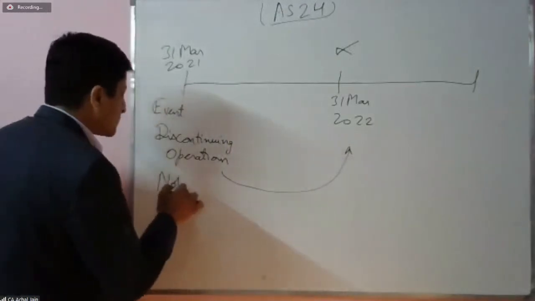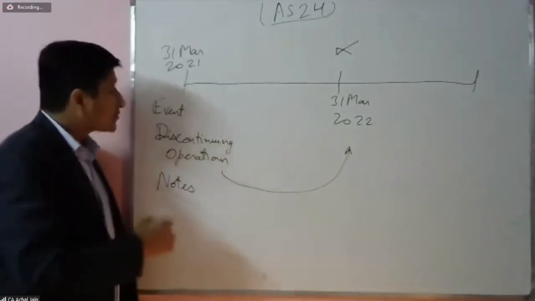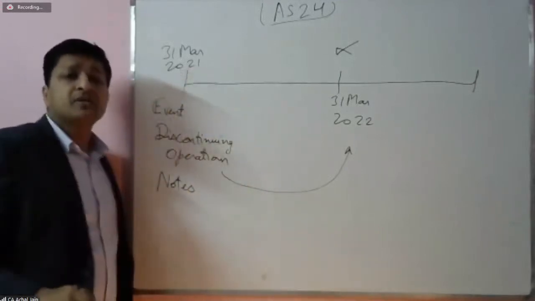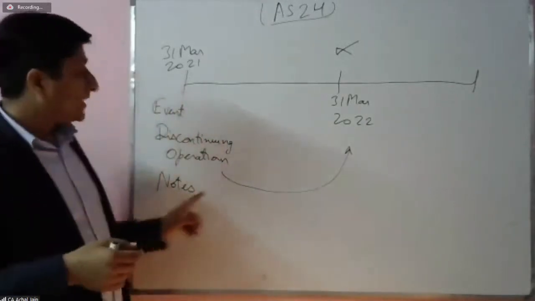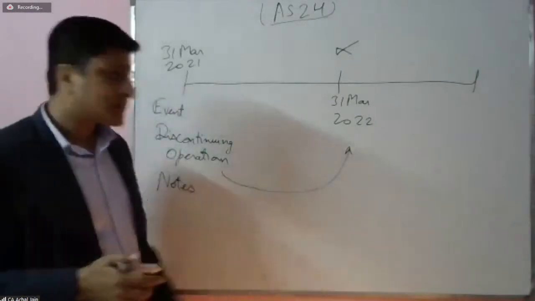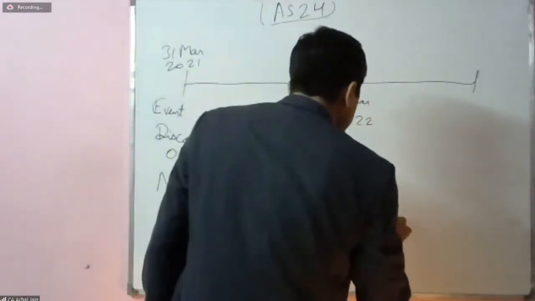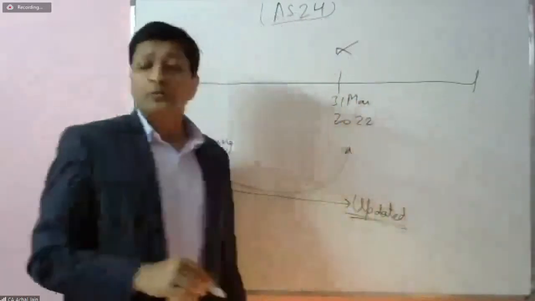The notes to accounts, meaning the disclosures which were given as part of the financial statements of this year, will have to be updated in the next year's financial statements. So these notes will have to be updated. Now, what are going to be the updates?